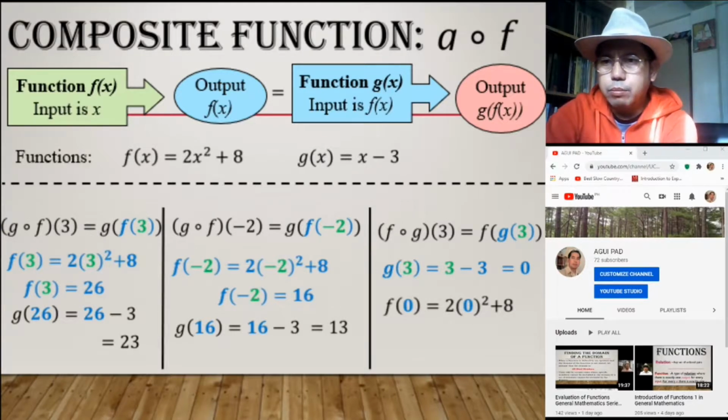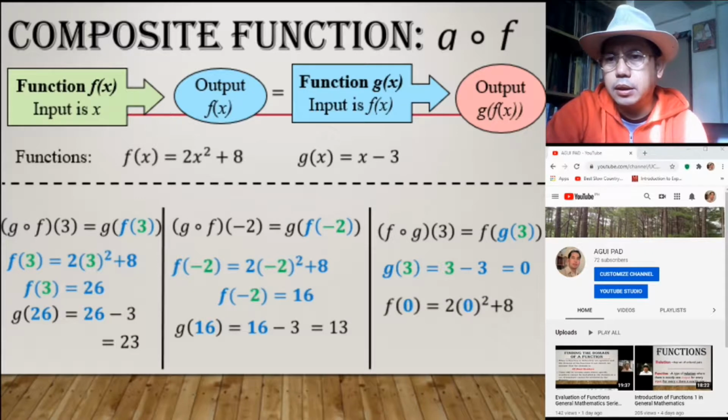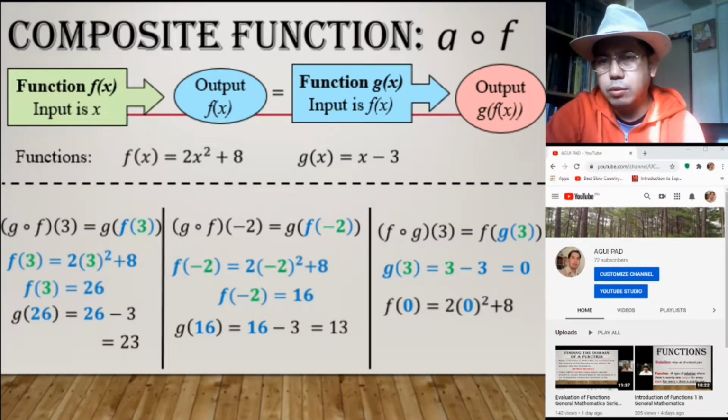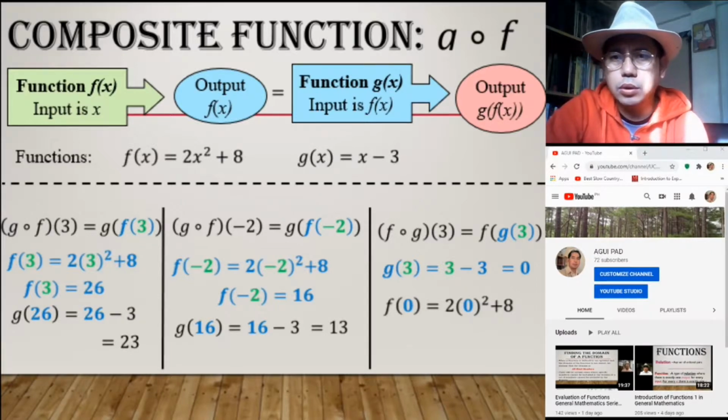To compute for the second function, we make use of that result 0 to be our input for the second function. What will our second function be?